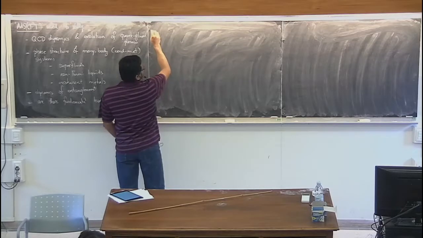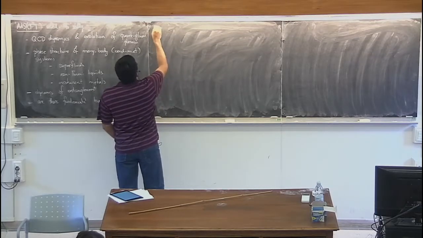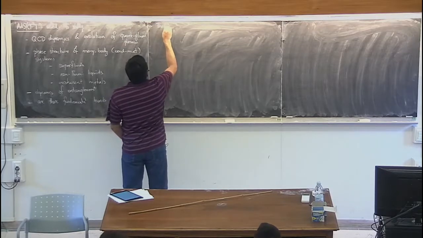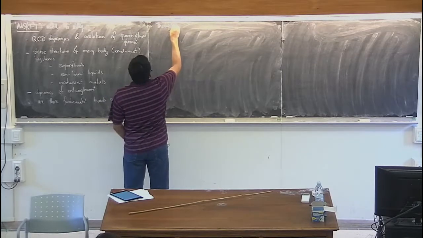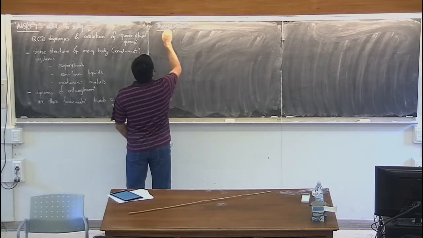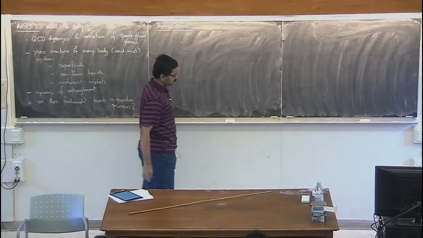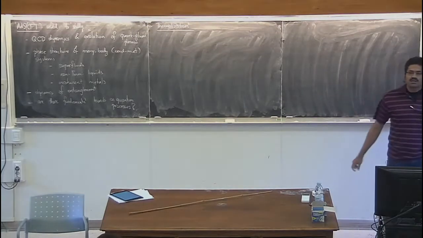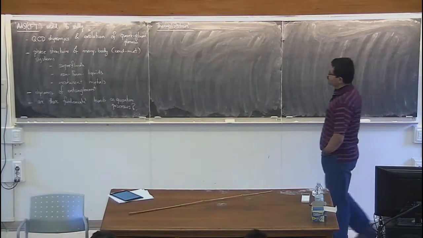So here's the first statement. So let's start with thermalization. And here we can ask two questions. We can ask a question which says, look, I'll start with global thermal equilibrium.